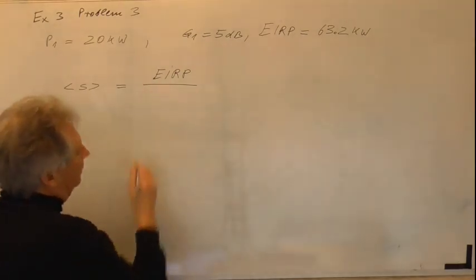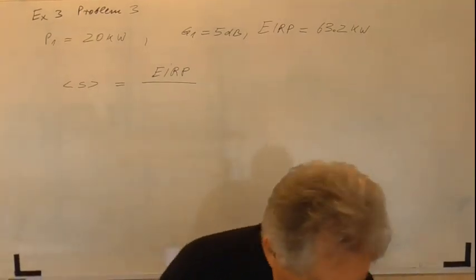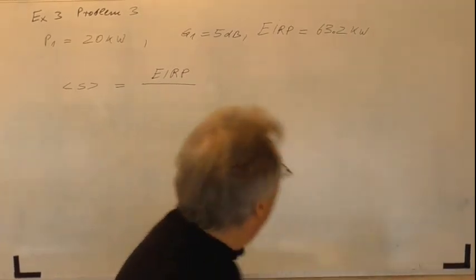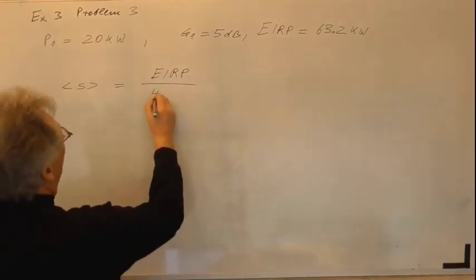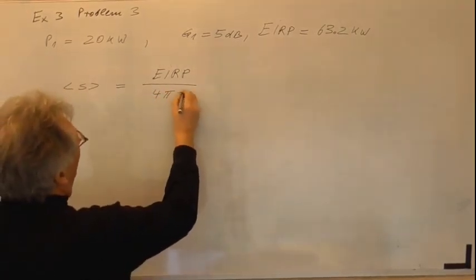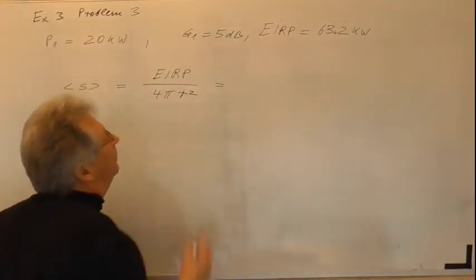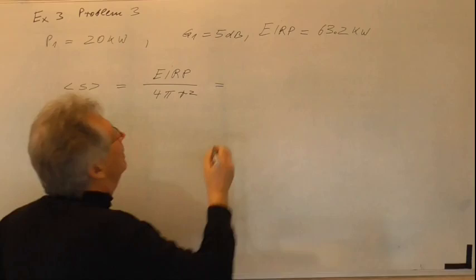So this is then 4 pi r squared. And of course we can now insert the numbers here.